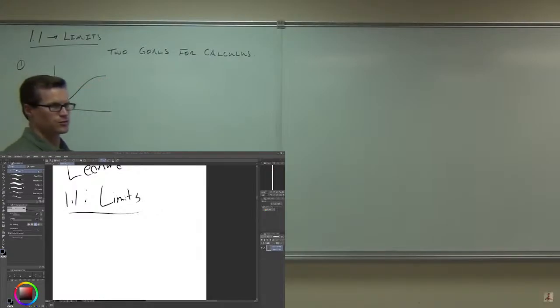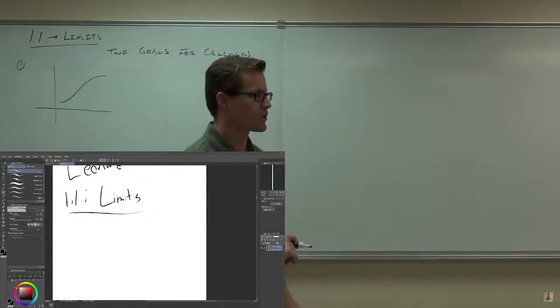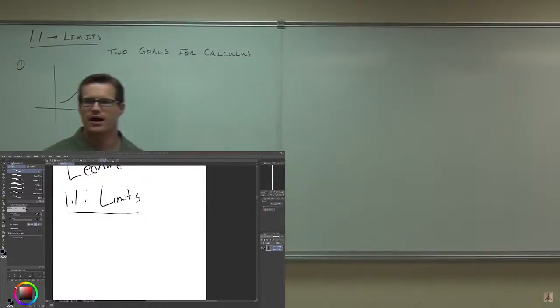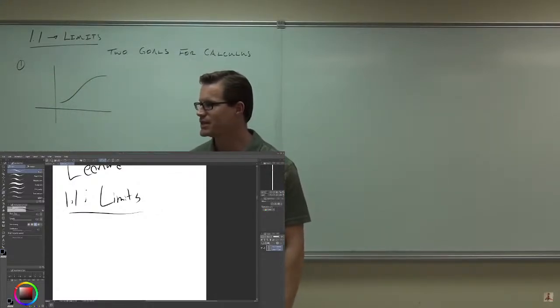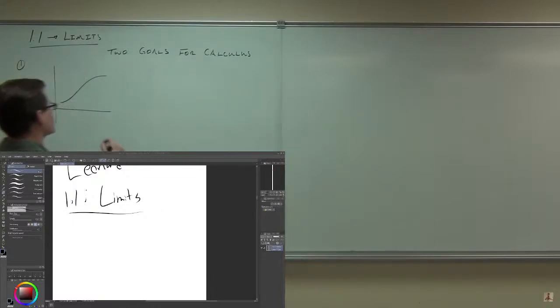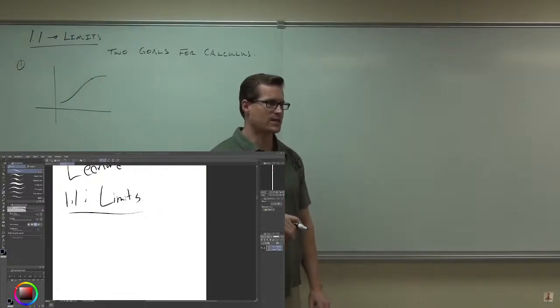Given any curve (straight lines are easy), I want to be able to find the slope of a curve at a point. Isn't that an interesting idea? If I say to you, go ahead and find me the slope at that point, right now, we really have no idea how to do it.